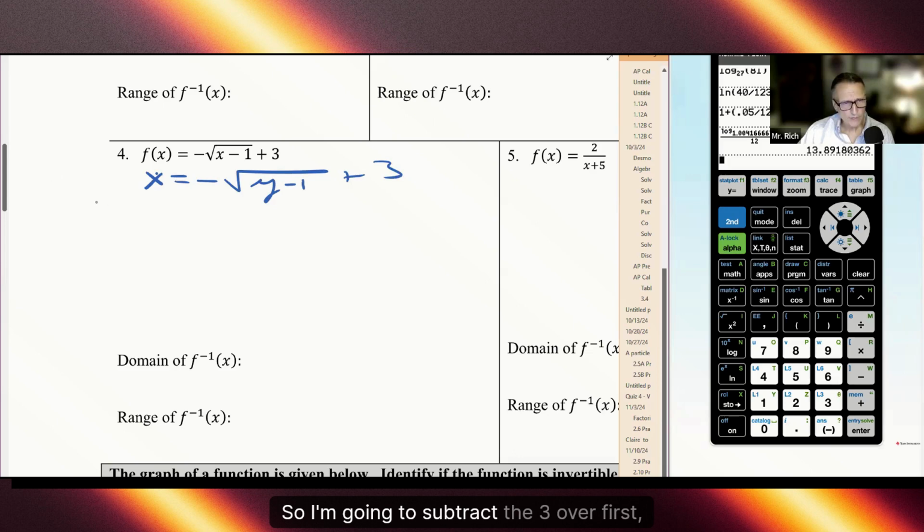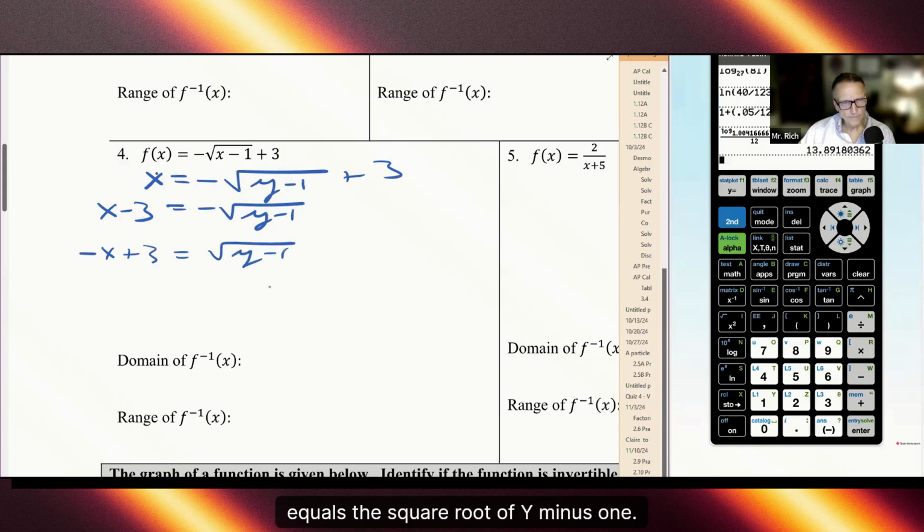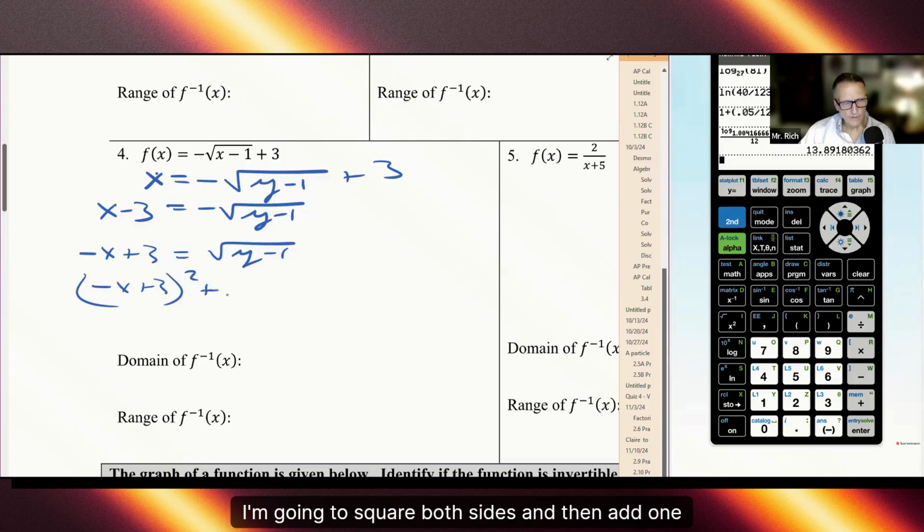I'm going to subtract the 3 over first, x minus 3. I do need to divide both sides by -1, so that gives me negative x plus 3 equals the square root of y minus 1. I'm going to square both sides and then add 1, and that will give me the inverse function.